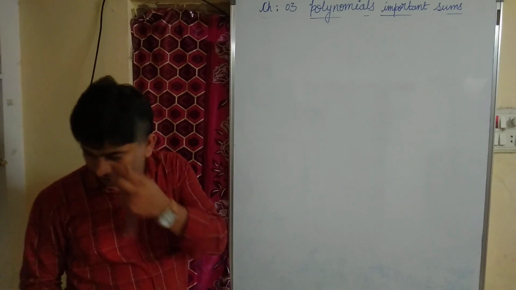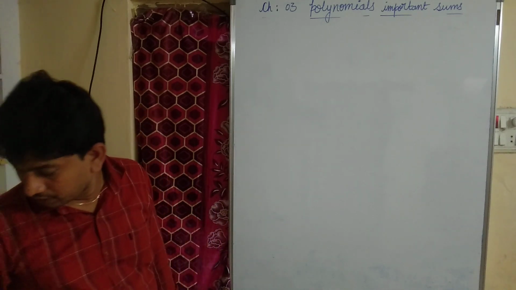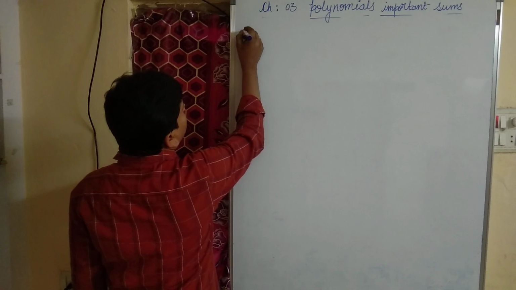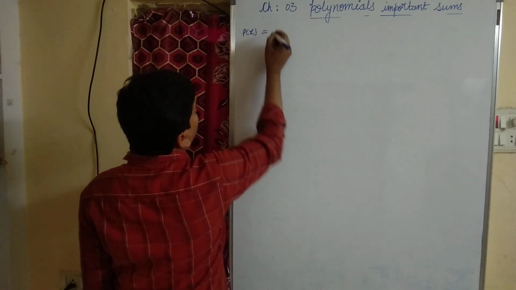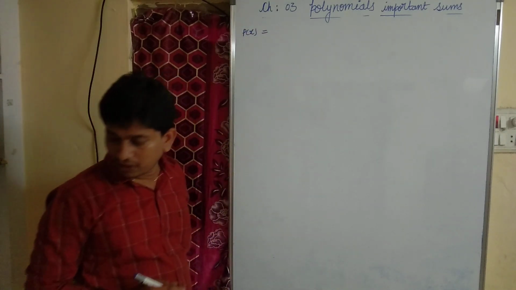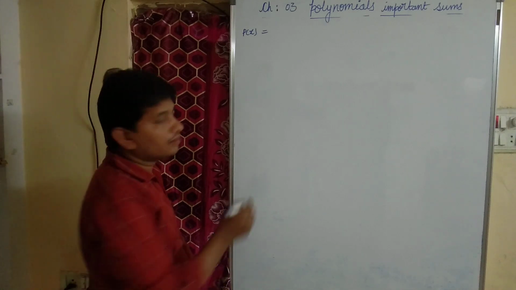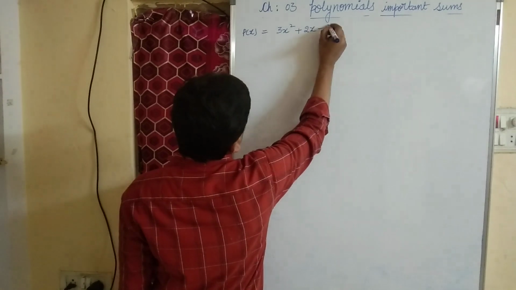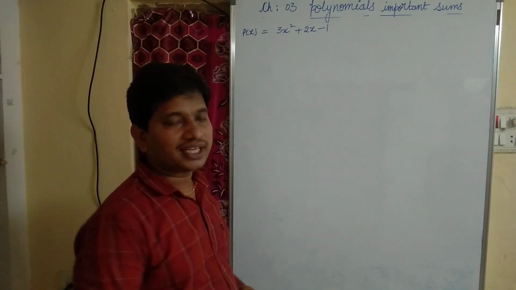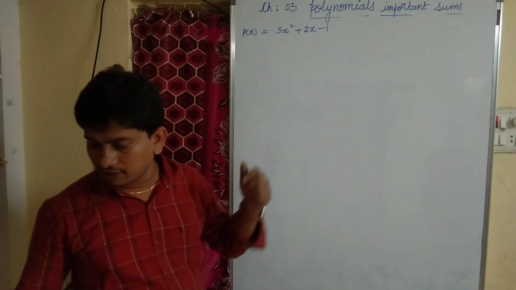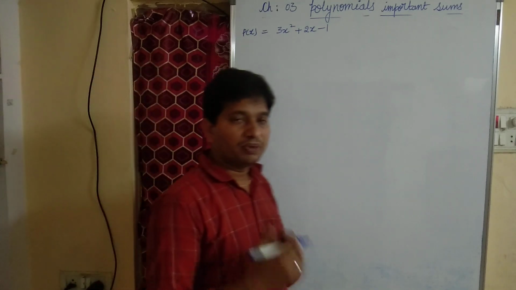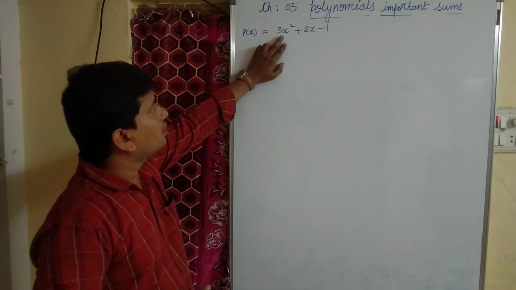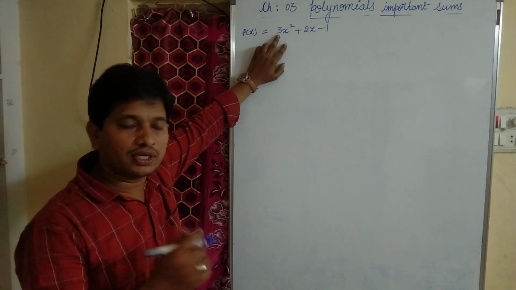Draw the graph of the polynomial p of x is equal to 3x square plus 2x minus 1. In the before graph, the coefficient of x square is only 1.